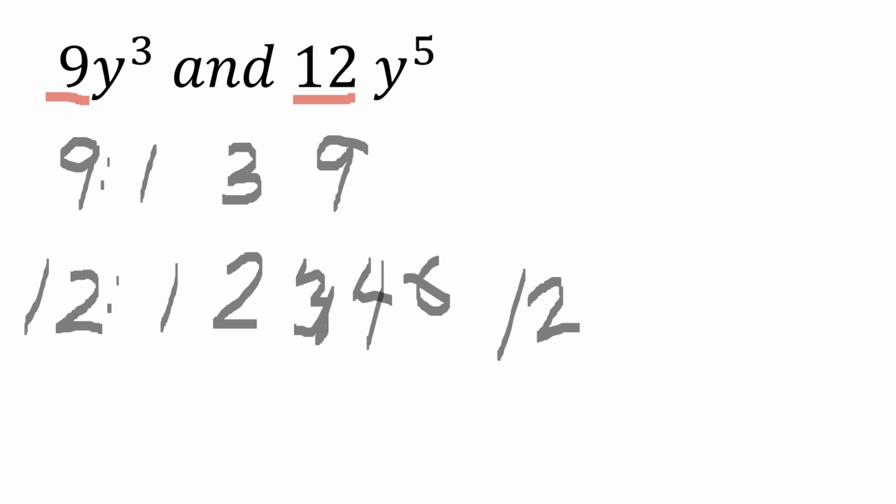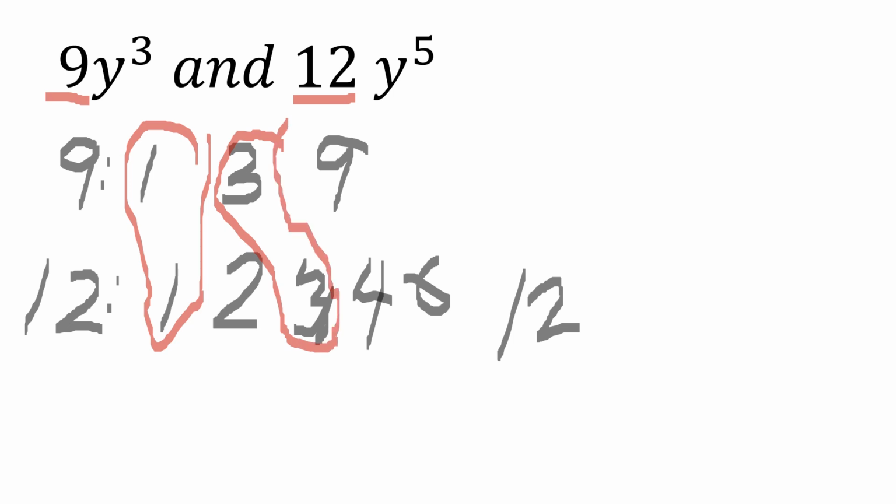So these are the factors of 12. So from these numbers, what are common? So we have 1 and 3. So what will be our GCF? For the numerical, we have 3.